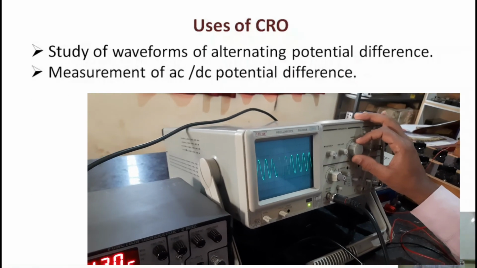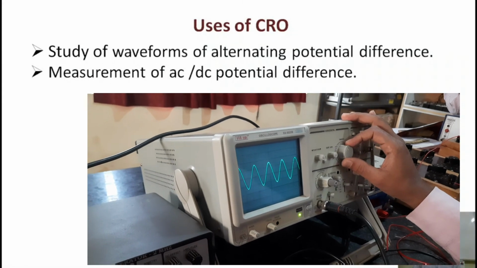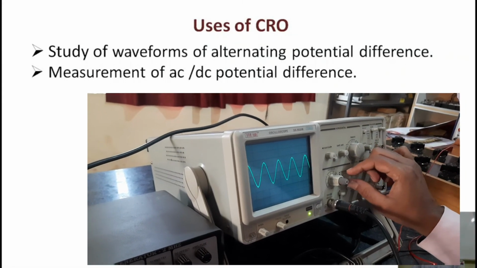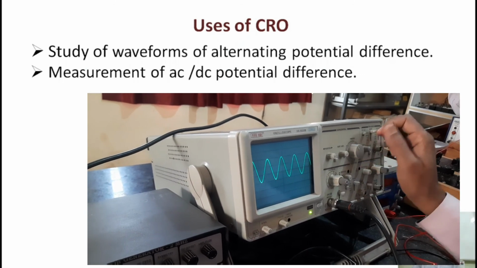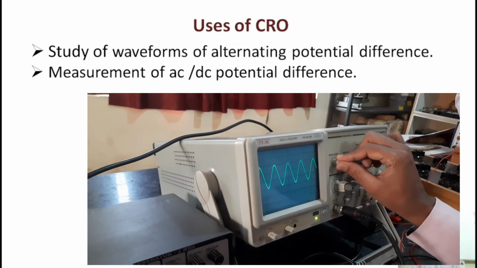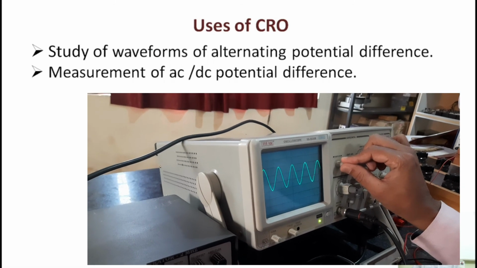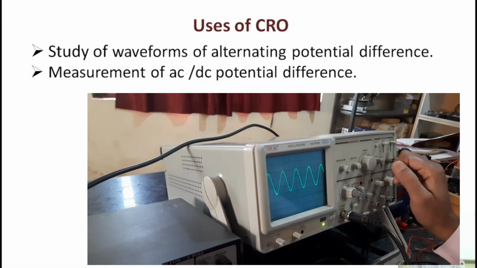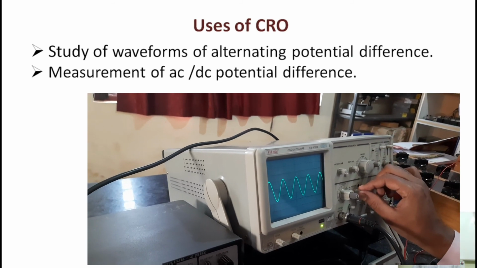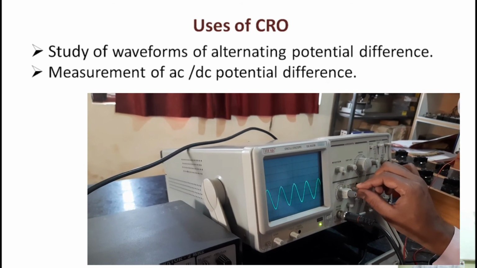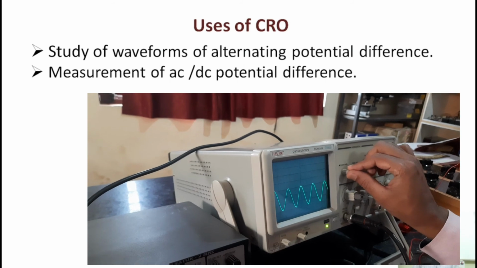For the measurement of voltage, we have to see vertical attenuator setting, that is volt per division, and the peak to peak deflection of the beam, that is number of divisions. Then the product of attenuator setting and number of divisions gives peak to peak voltage.